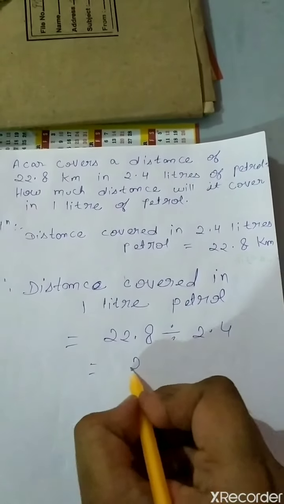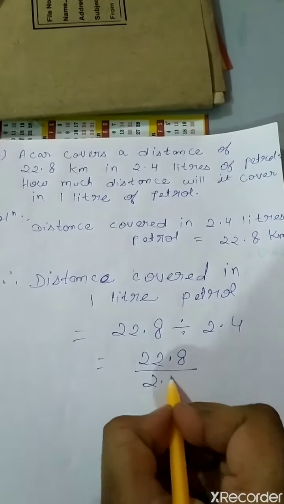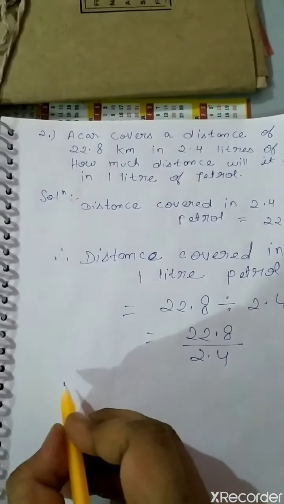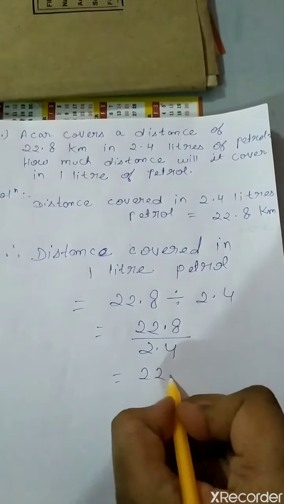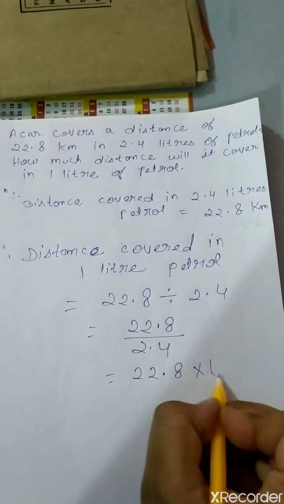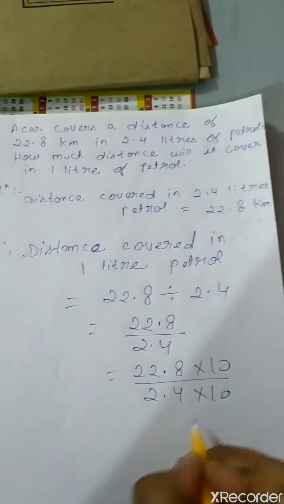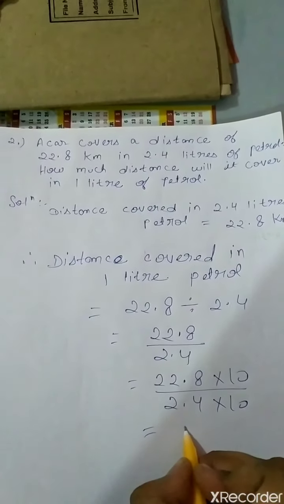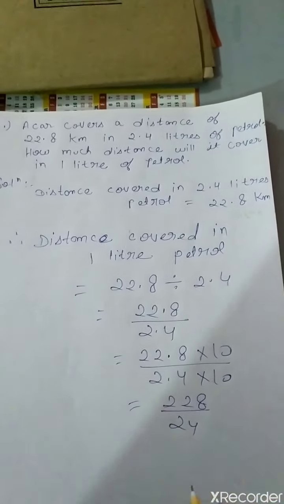Then you may write 22.8 by 2.4. Then first multiply 22.8 into 10 and 2.4 into 10. You will see 228 by 24.